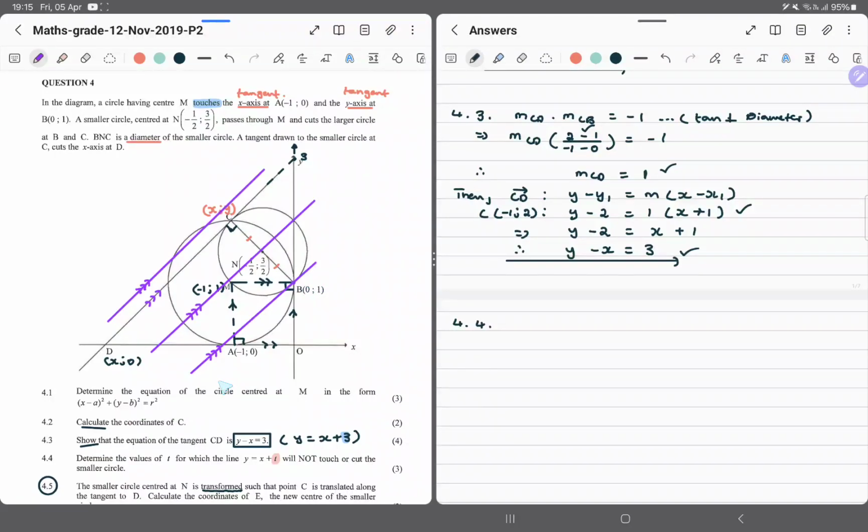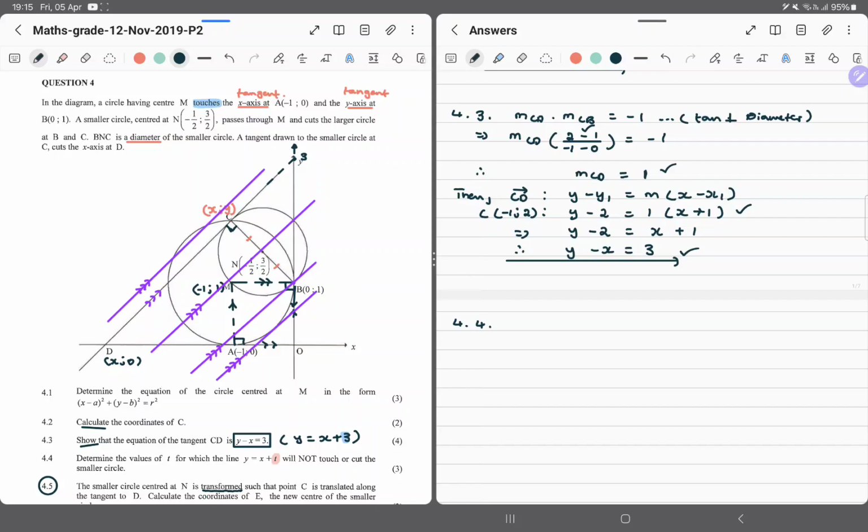But if we draw another line parallel to that, but passing through a value less than 1 here on the y-intercept, we can see if the y-intercept is less than 1, this line will not touch or cut the smaller circle.